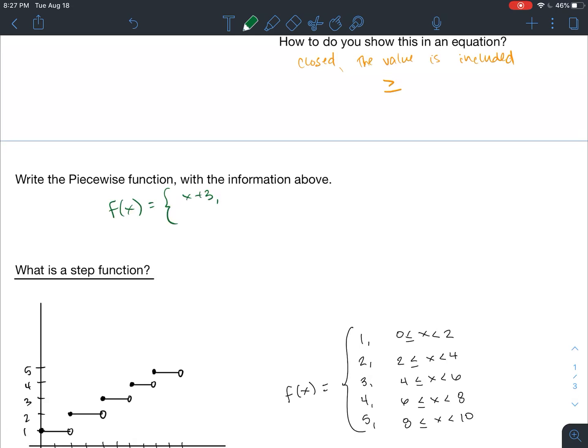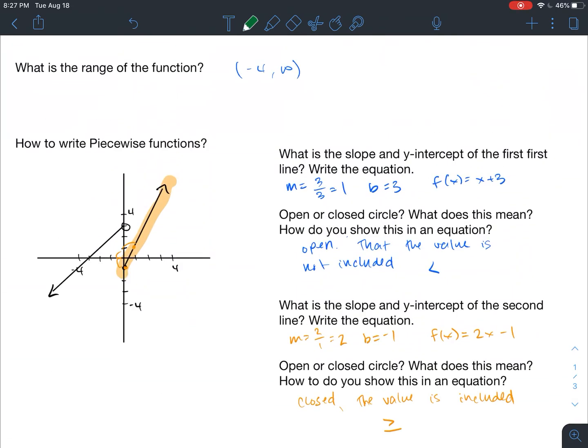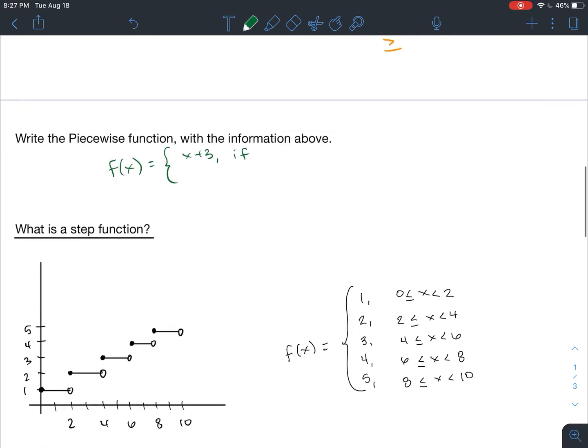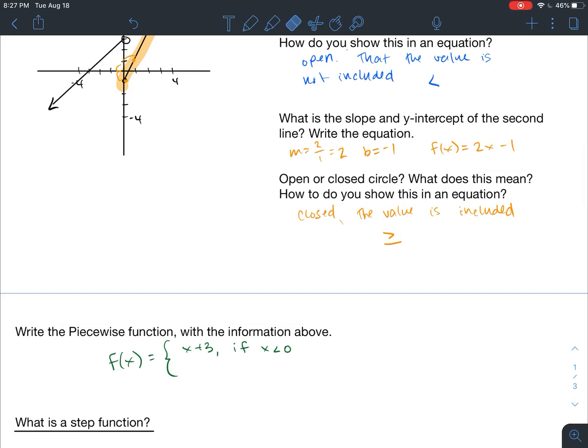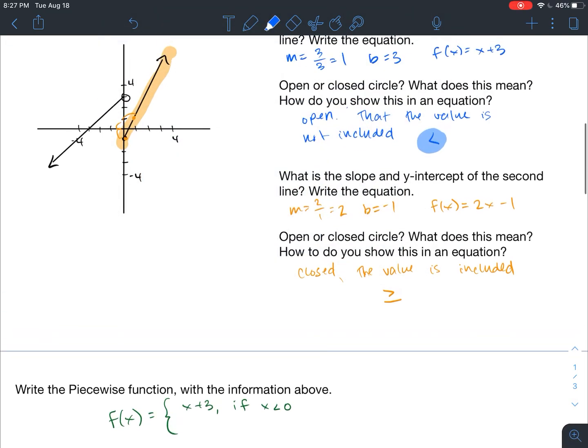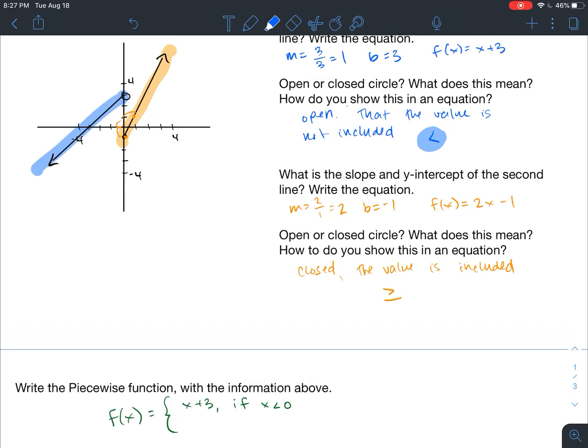Write a comma, and we say if x is less than 0, but not equal to. That's what we said, less than, and it exists from 0 and all the negative numbers.